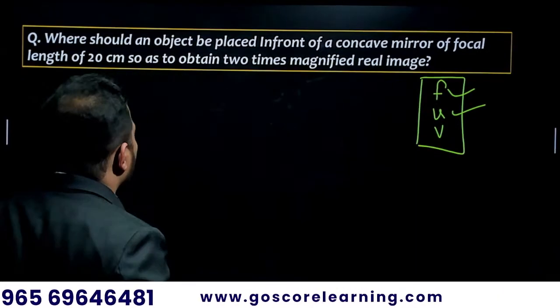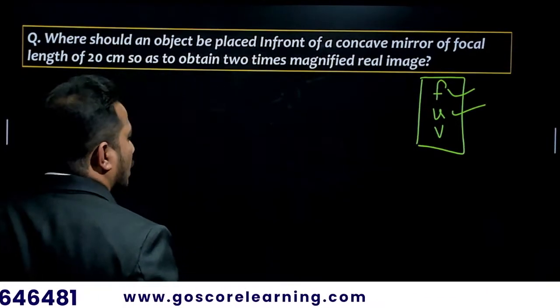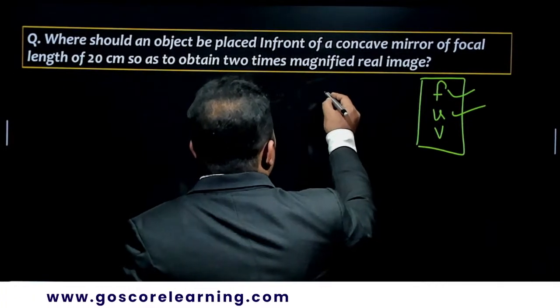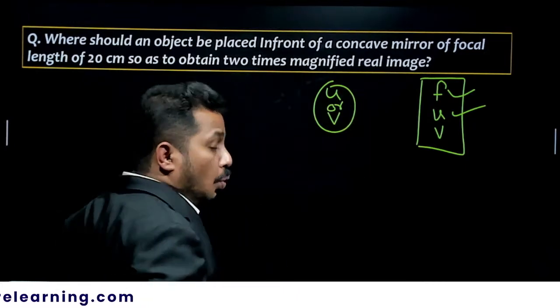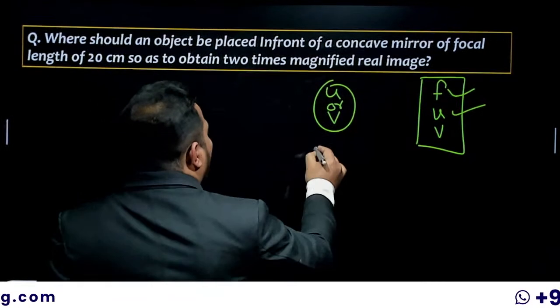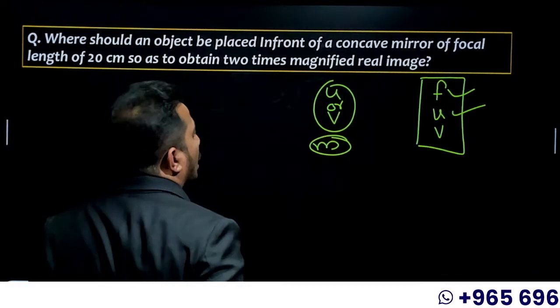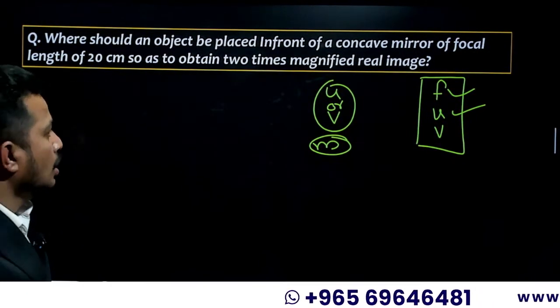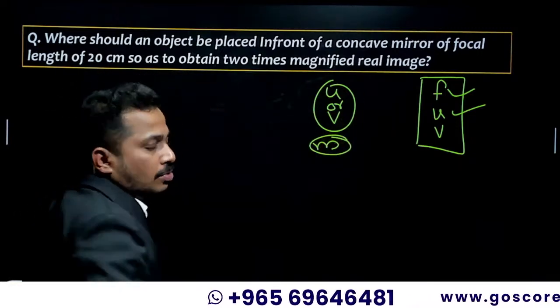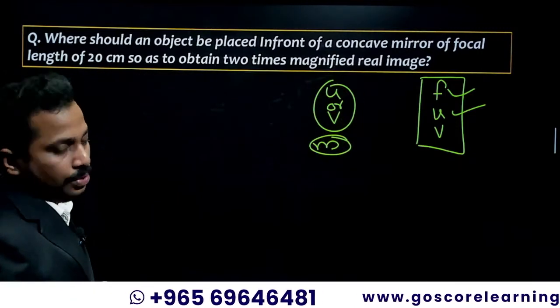The other kind is where they'll provide u or v, and magnification is also provided. So using that, you need to find what is asked in the question.